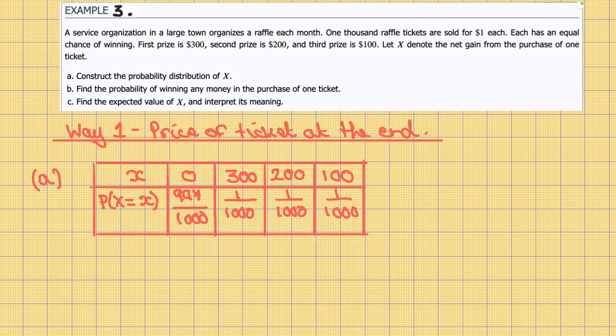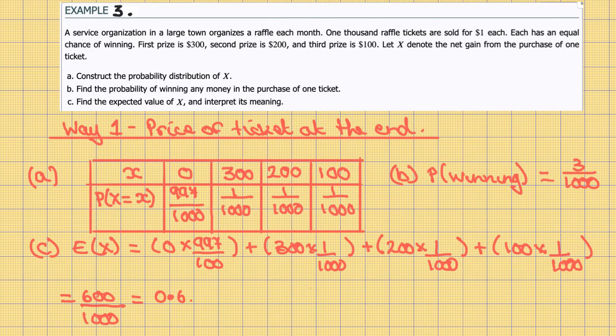The probability of winning each of the first, second and third prizes is 1 out of 1,000. So B, the probability of winning is 3 out of 1,000. There are 3 ways to win: first prize, second prize, or third prize.